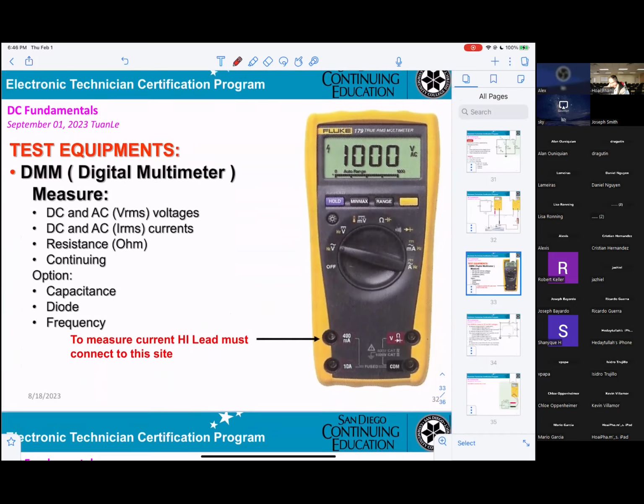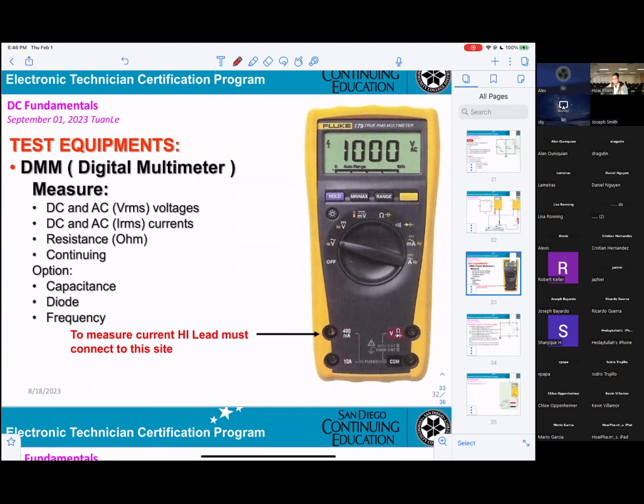You can see you get a meter here. That's what they call a DMM, digital multimeter. You get the positive here, you get the negative here, for measuring the voltage.